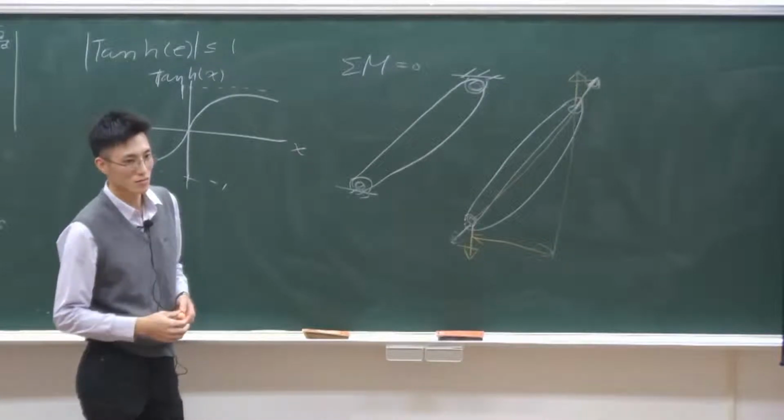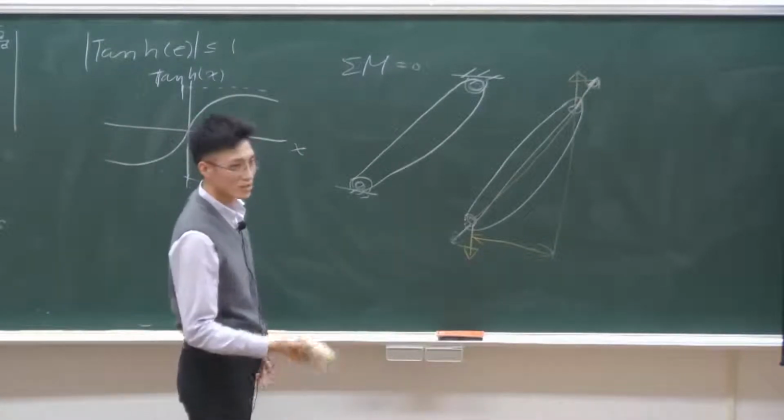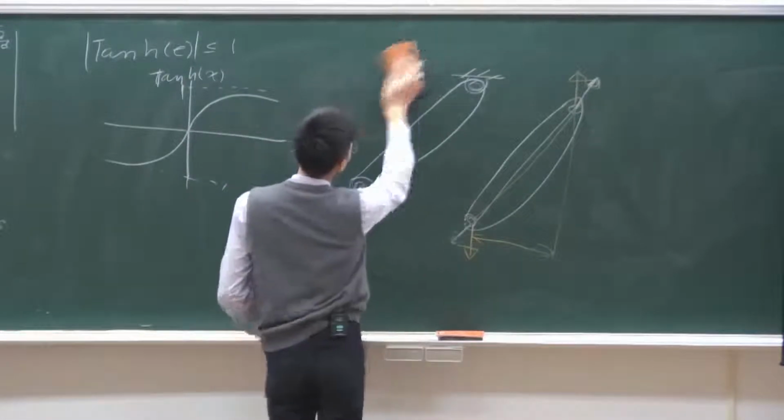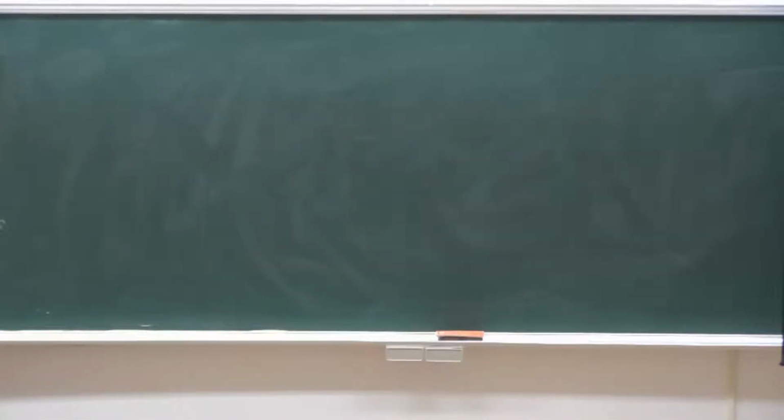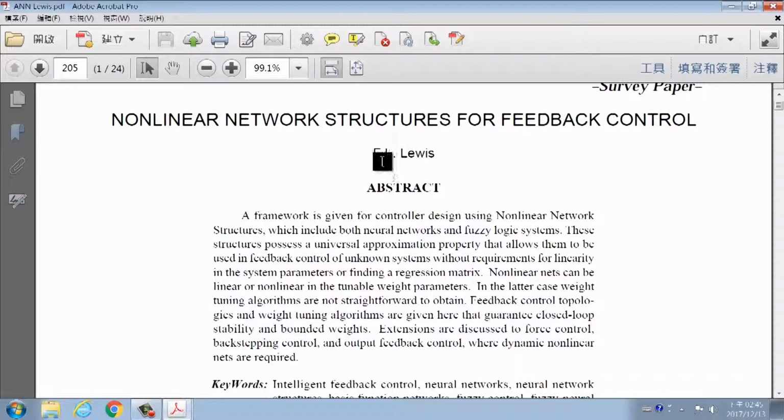不会有 torque，对不对？所以你把几个观念连起来，你就不会忘记，你就可以记4几年这样。Artificial neural network. So this paper was about almost 20 years ago by Frank Lewis. Okay, he's a famous guy, especially in optimal control.